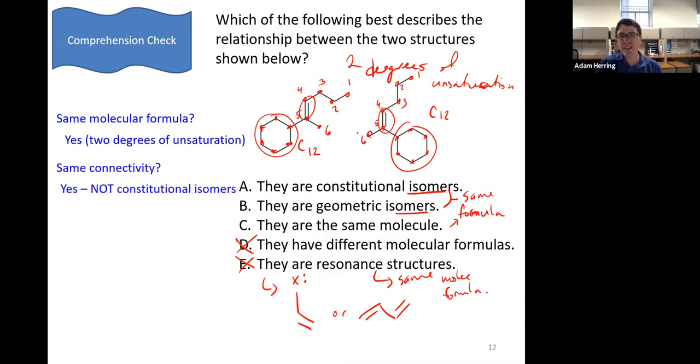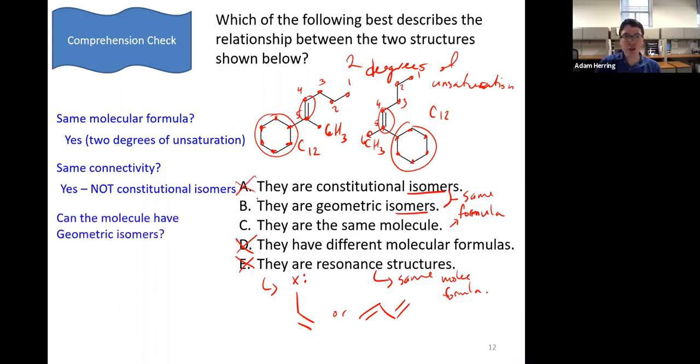So these have the same connectivity. They both have a double bond between 4 and 5. They both have a small CH3 group on 5, and then a large 6-membered ring on 5. So they have the same connectivity. They're not constitutional isomers.